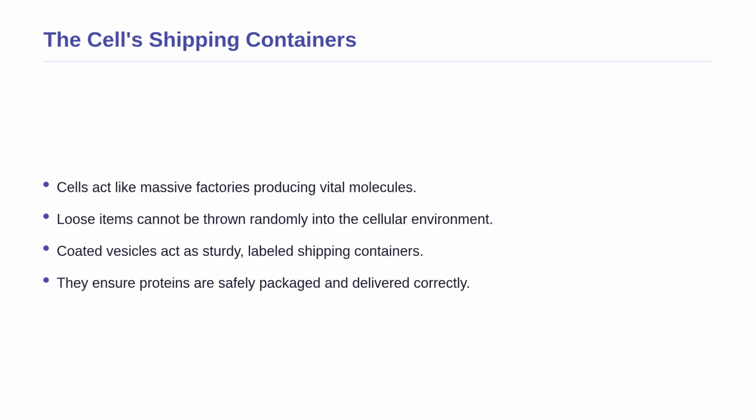Instead, the cell uses coated vesicles, which act exactly like sturdy, labeled cardboard boxes in a shipping department. These vesicles are fundamental to the cell's internal transport system. They ensure that newly synthesized proteins and other vital molecules are safely packaged, sorted, and delivered to their precise locations within or outside the cell.